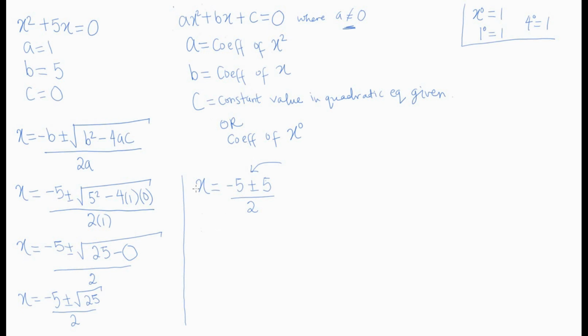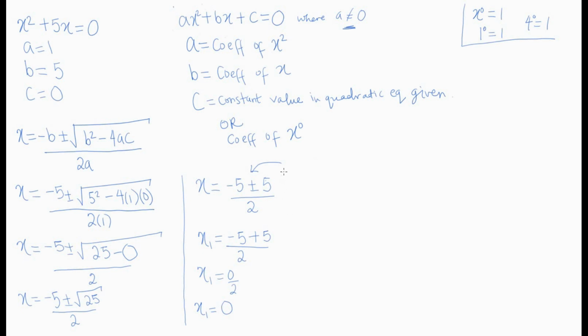So here now, because we know we're going to have 2 values of x, we have x sub 1 equals -5 plus 5. So we pick just one of the signs, over 2. x sub 1, -5 plus 5, we know that is 0. So 0 over 2. So x sub 1 equals 0.